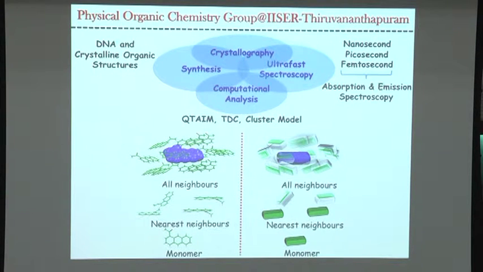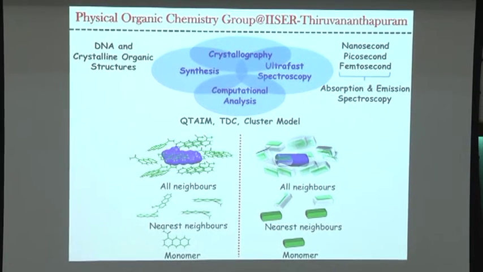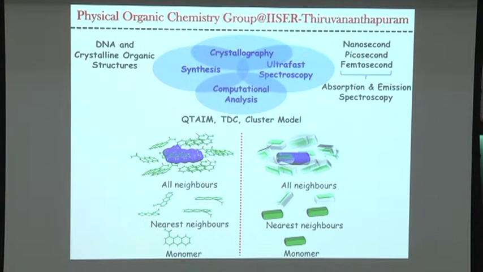So we are slightly moving from the DNA structures that are easier to synthesize, but crystalline organic structures give a variety of chromophoric separations and orbital overlaps that allow us to look into the details of what photoexcited state processes you can get out of these systems.